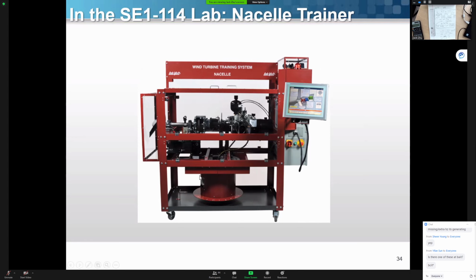We use this one to teach the part-time course for wind power. The bottom is the yaw control, so it can rotate to follow the wind direction. Here is the blade. We also have a pitch control.